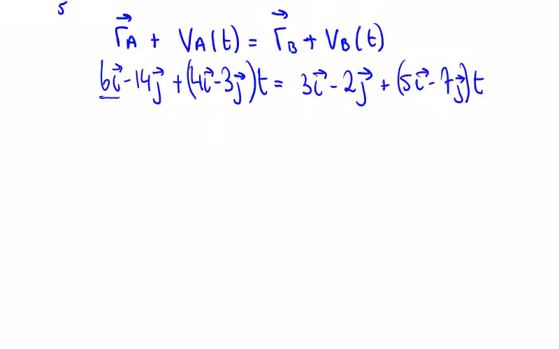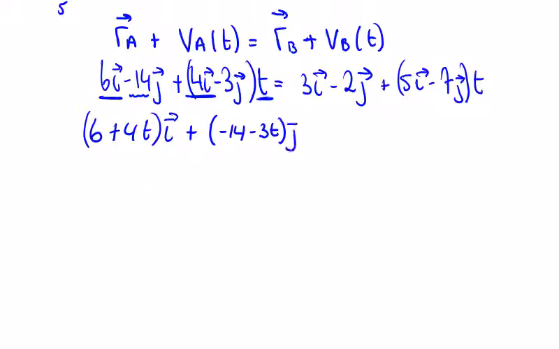So we're going to get 6 plus 4t times i. Don't leave out your t. Then I'm going to have minus 14 minus 3t times j.